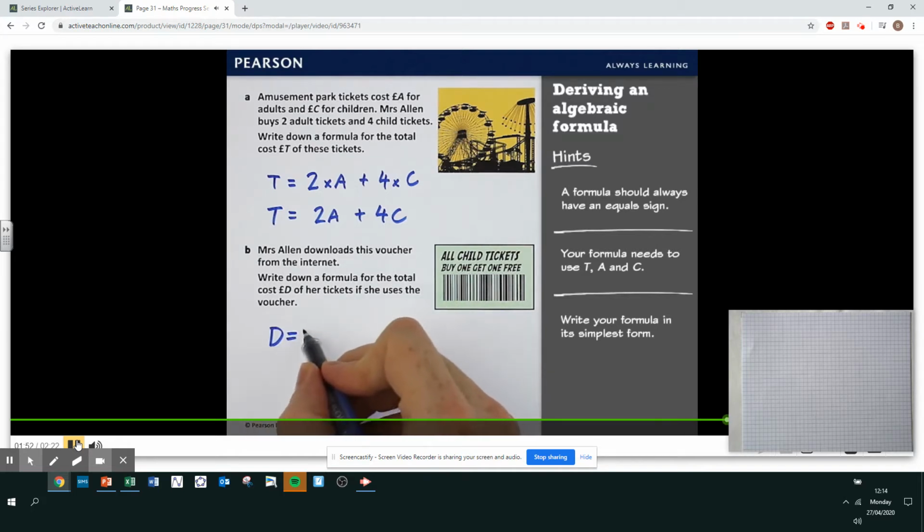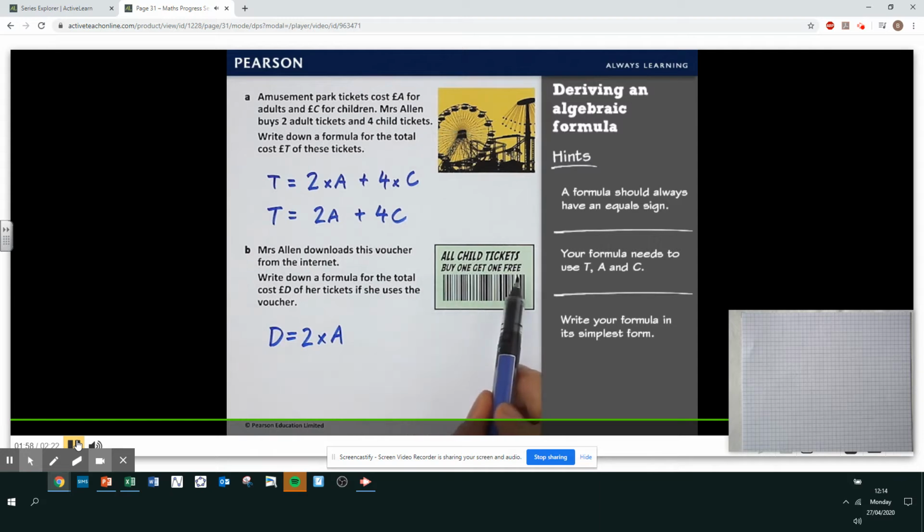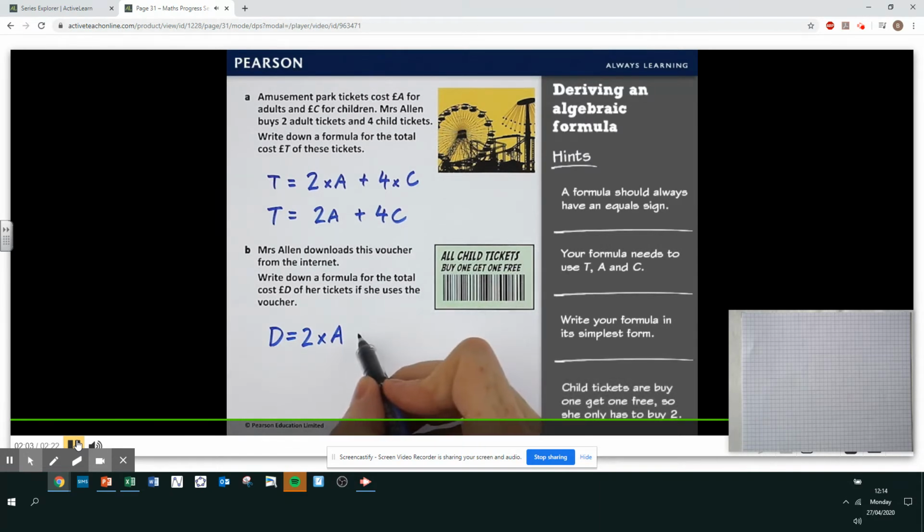She still needs to buy 2, and they cost £A each. The child tickets are buy one get one free, so now she only has to buy 2 of them, so the cost of those will be 2 times C. Simplify any algebraic expressions. The new formula will be D equals 2A plus 2C.